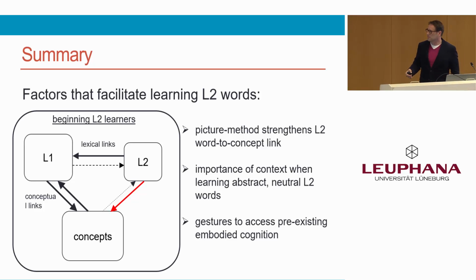Using more context, particularly with abstract words, strengthens this link. And using gestures, I feel, also strengthens it because the concepts are more involved. So evidently we're doing something by using these facilitatory factors that you want to do anyway.